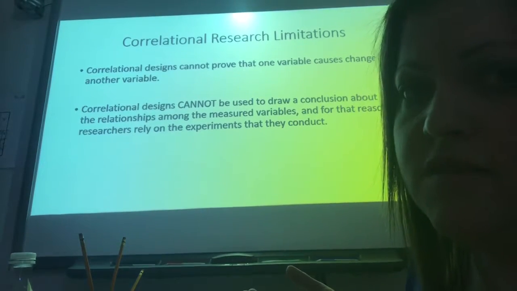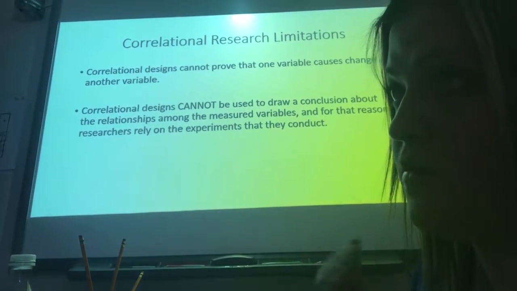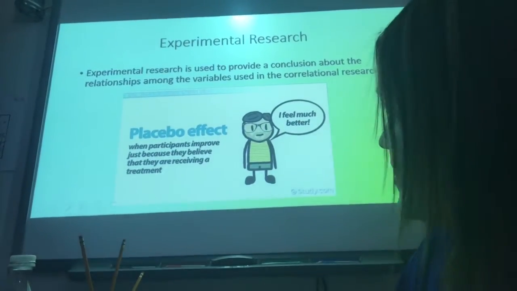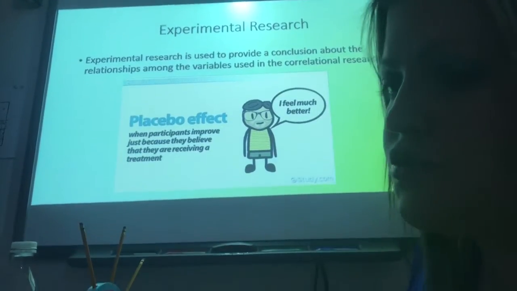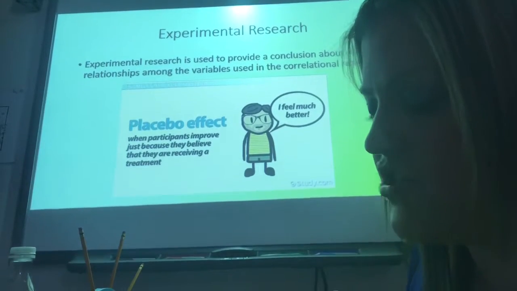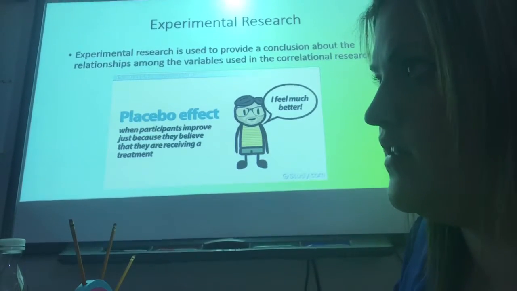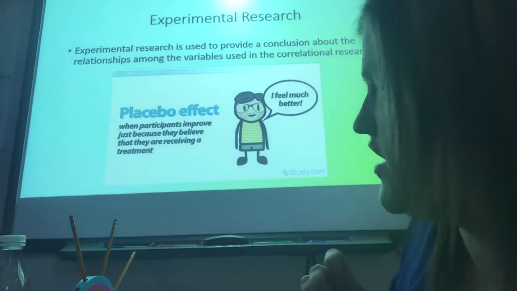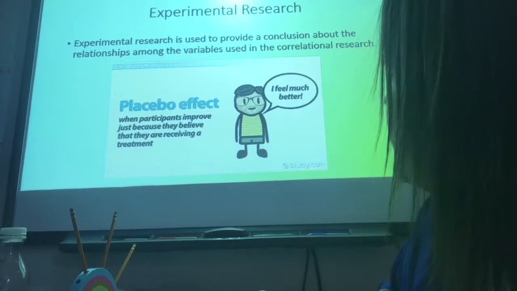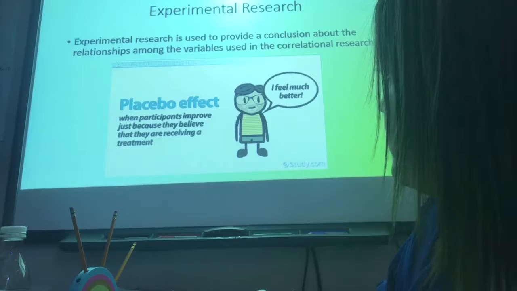And for that reason, researchers often conduct experiments, or they use experimental research, which is what we're going to get into. So, experimental research is used to provide the conclusion piece that correlational research cannot provide. They can't actually come to a conclusion in correlational research. They can test and they can guess and they can make predictions, but they actually can't come to a conclusion. So the experimental research provides a conclusion about the relationships among the variables that we use in correlational research.